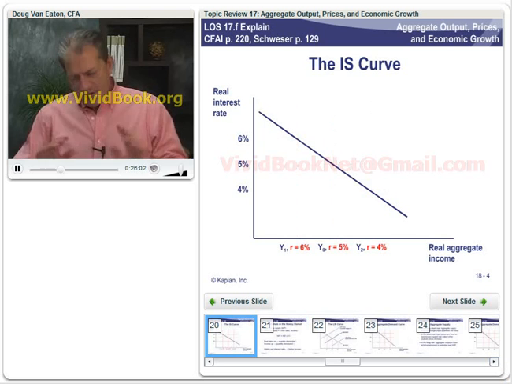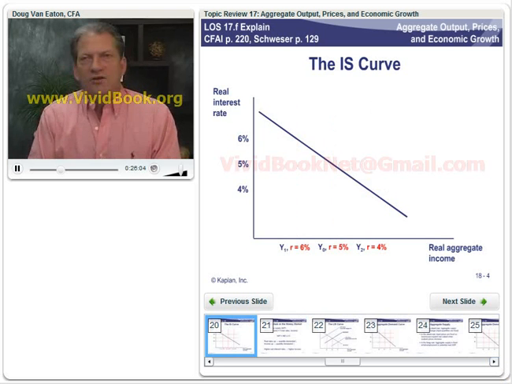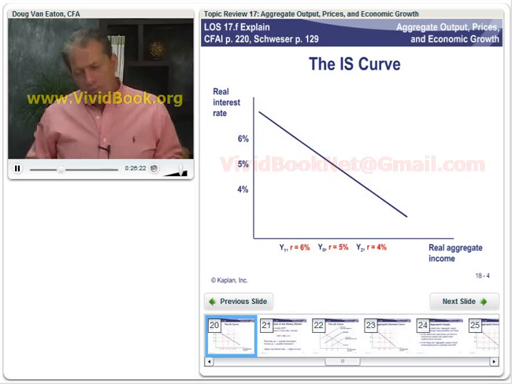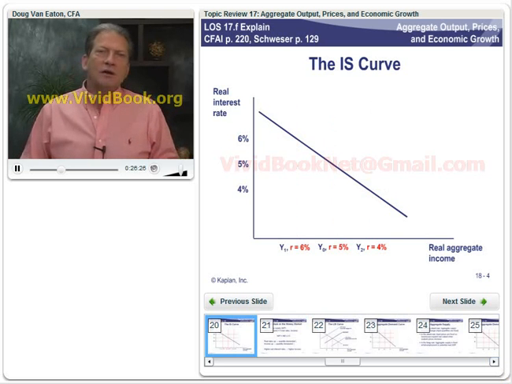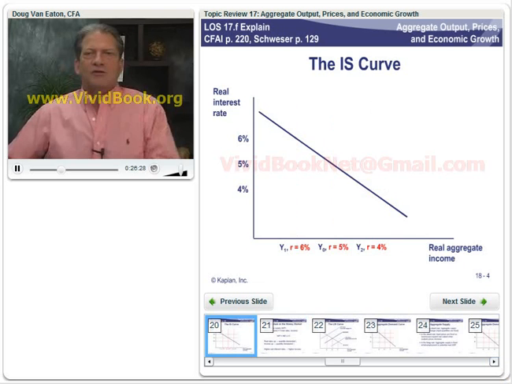Now, if that derivation wasn't too much fun for you, and I can't imagine that it is, your takeaway here is that the IS curve slopes downward. In the goods market, lower real interest rates lead to higher real income. So that's not a hard story to remember. Lower real interest rates spur economic activity in the goods market. So that's our IS curve.